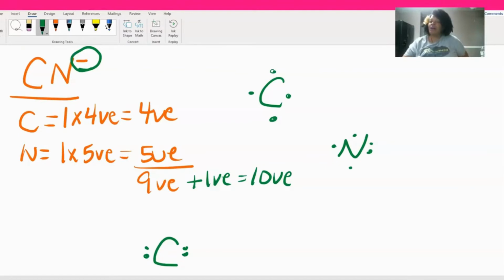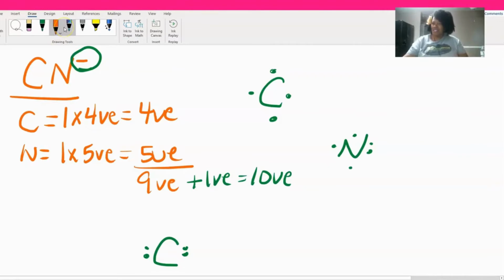Anytime there's a valence electron, that is a space where another element can be attached. It's kind of like saying, hey, I'm open, I need you to attach to me. Because you only have 2 elements, carbon and nitrogen are going to be side by side. So you're just going to draw or pair your 2 carbon valence electrons together.